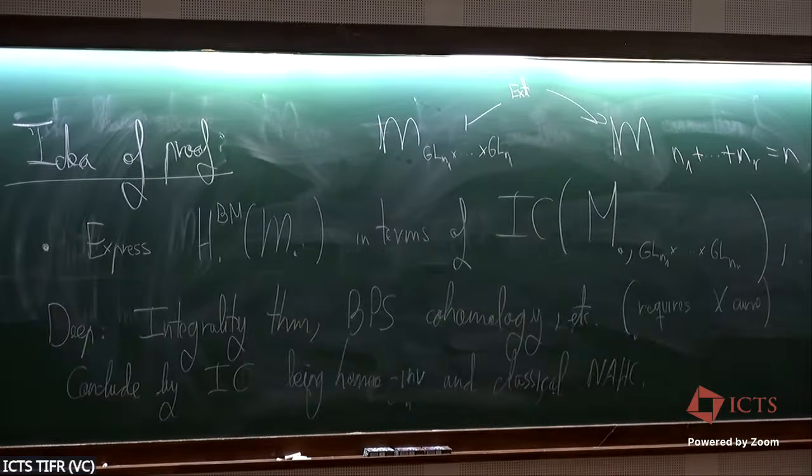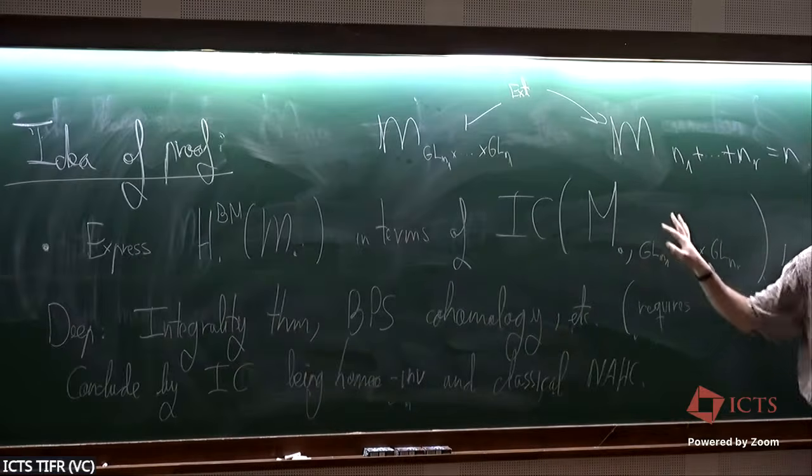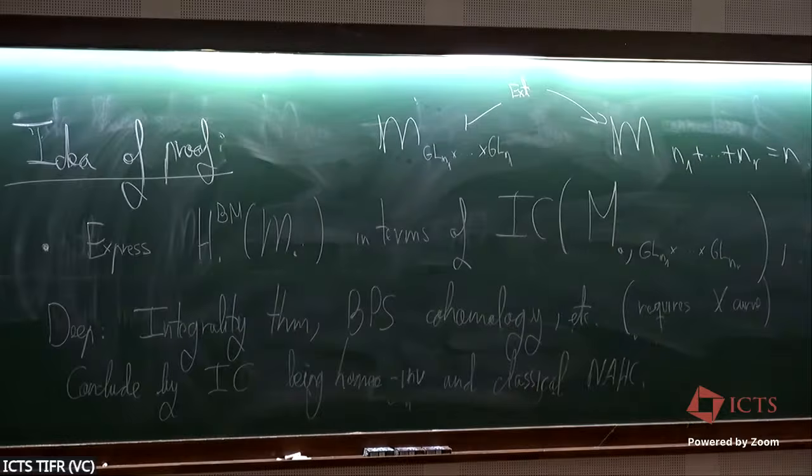No, we're just considering all the ways of expressing n as a sum of some numbers, all possible ways. So there are many of these, and we have to consider all of these. Yeah, thank you for clarifying that. So we're considering these for all possible partitions. Thank you very much.